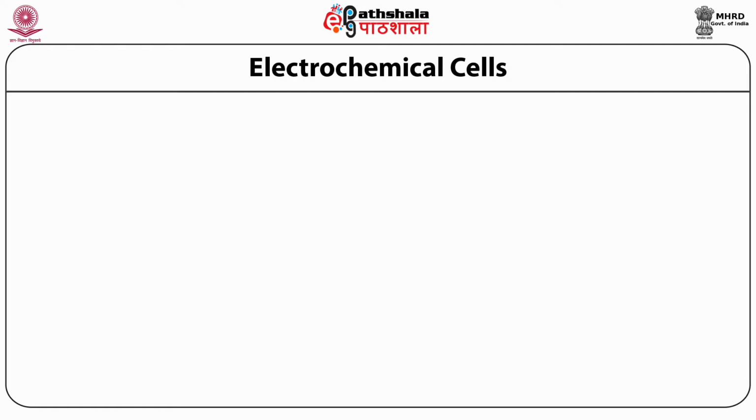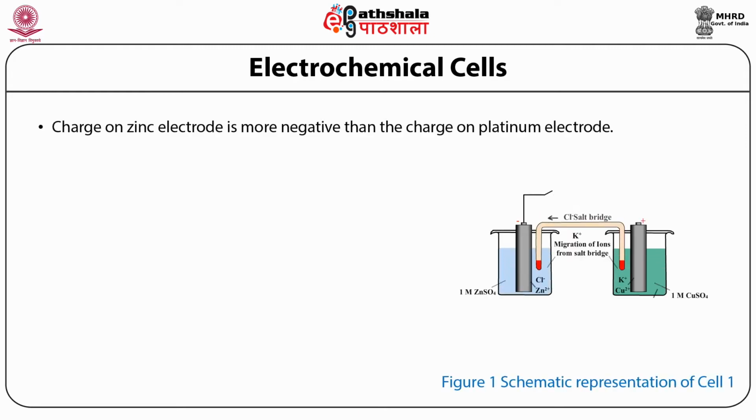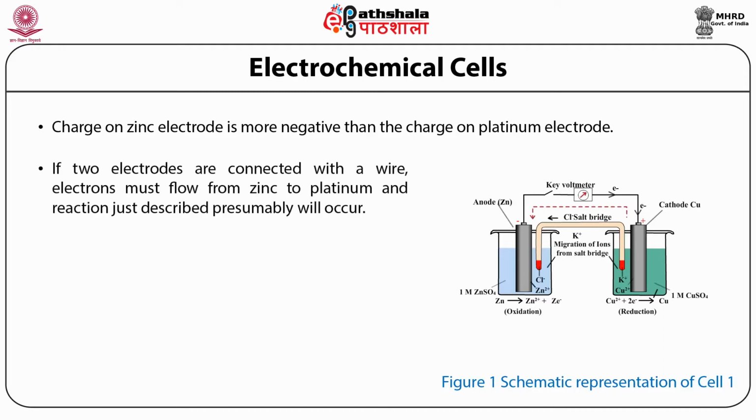As you can see in figure 1, the charge on the zinc electrode is more negative than the charge on the platinum electrode. If the two electrodes are connected with a wire, electrons will flow from zinc to platinum and the reaction just described will occur.